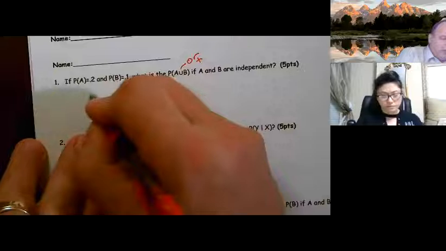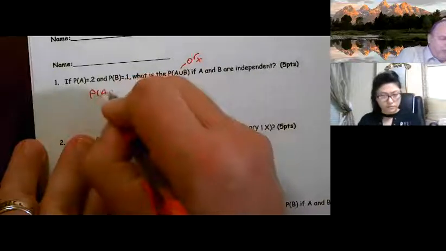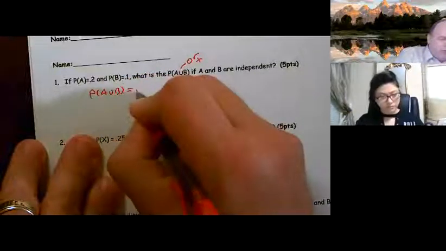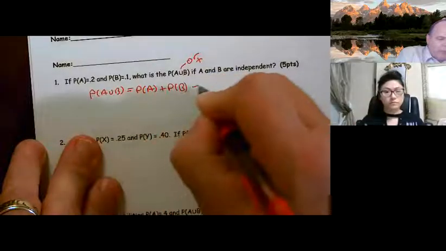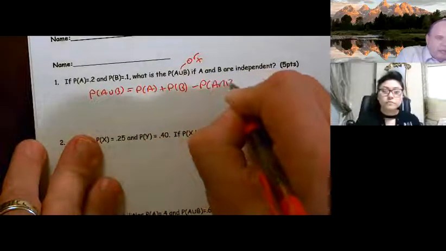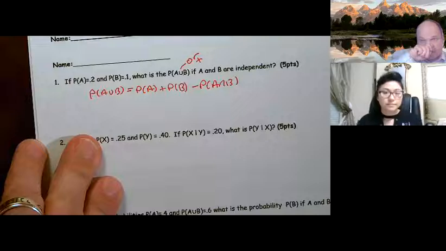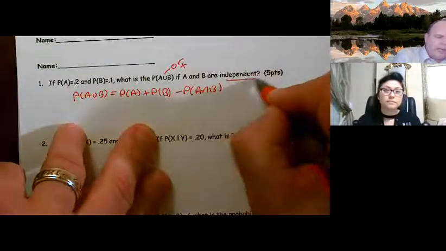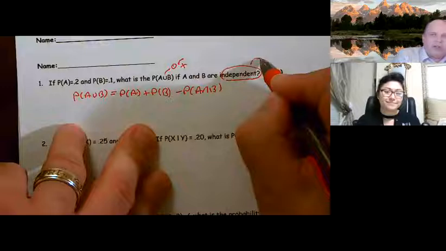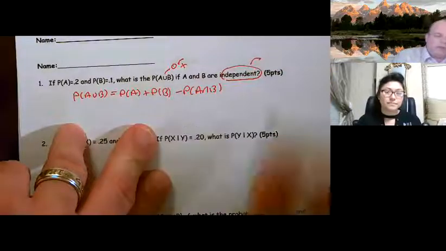So I have the probability of A union B equals the probability of A plus the probability of B minus the probability of A and B. All right? But then they tell me something else. Hey, A and B are independent. And I go, oh, that's good.